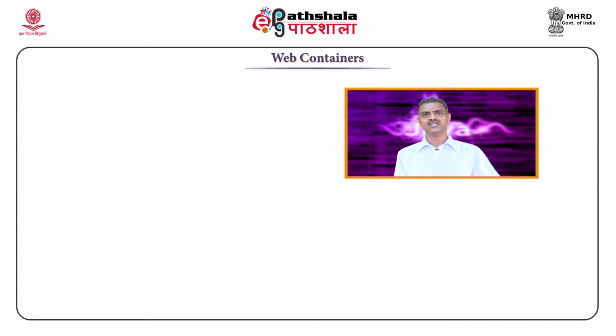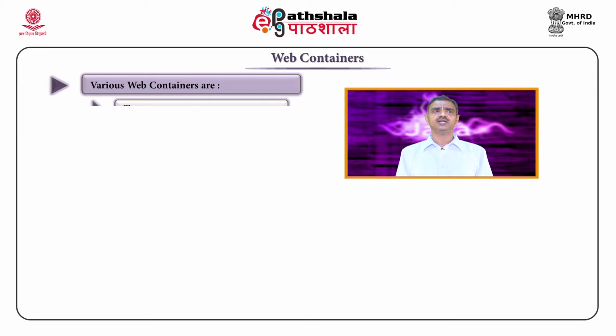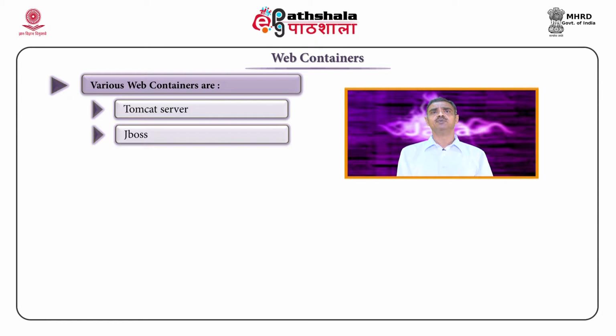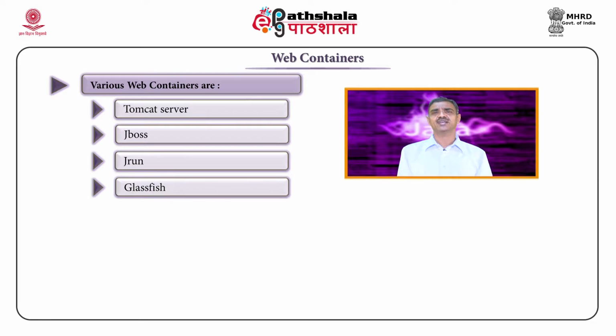There are various servlet containers commonly available in the market. The most commonly known to everyone is the Tomcat server, which is a servlet container. We also have JBoss, JRun, and Glassfish.